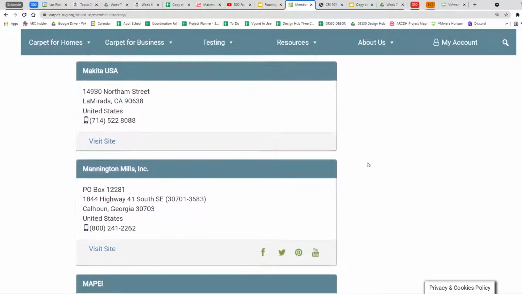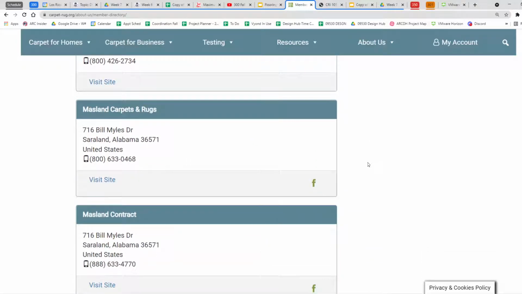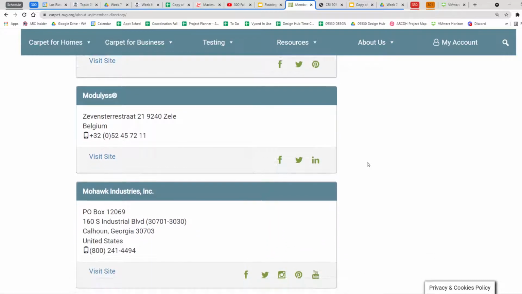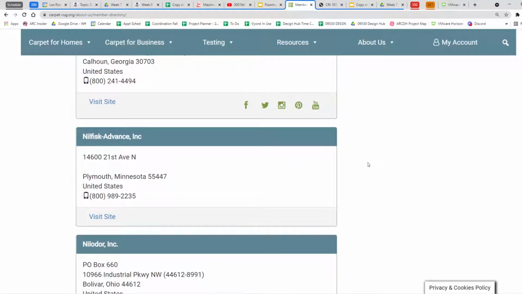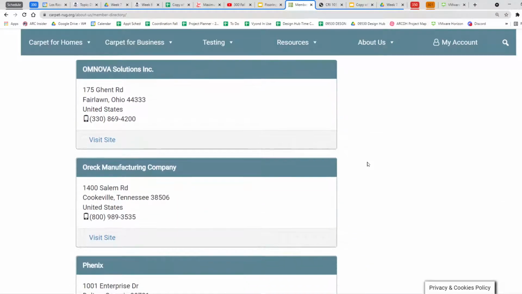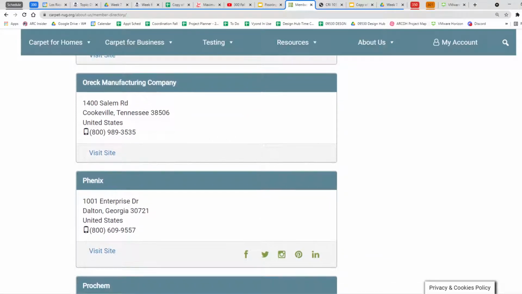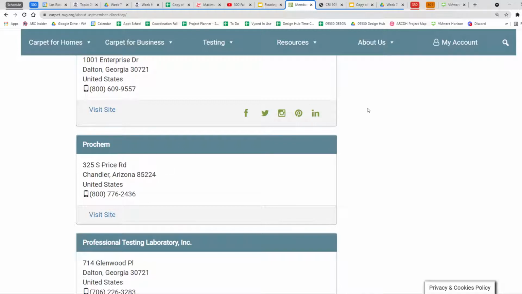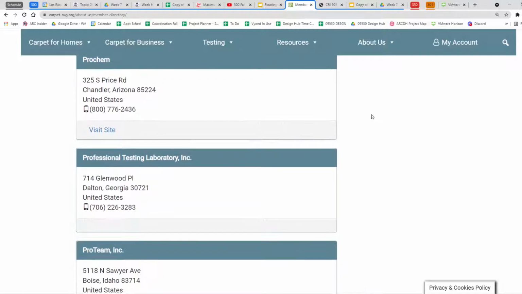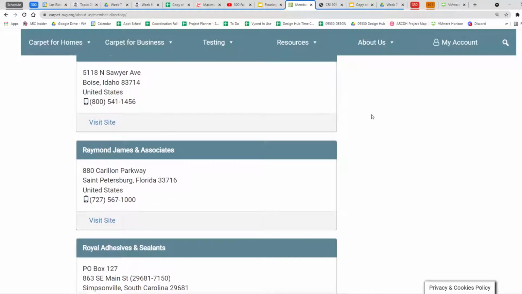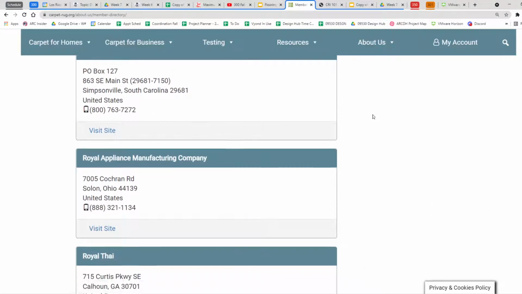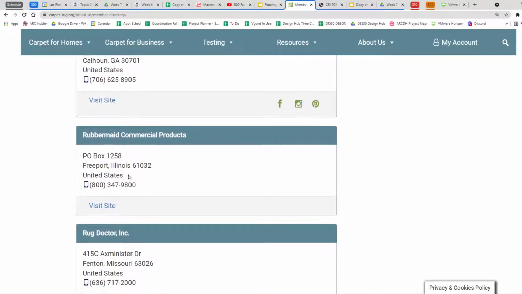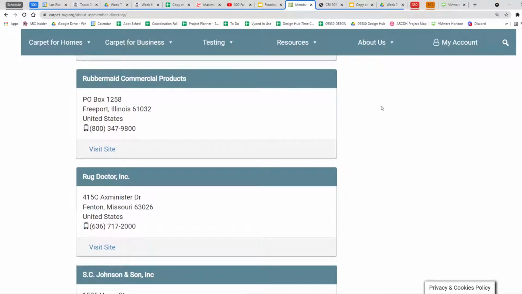You can look at this and you go, okay, it doesn't look like there's just one group that's kind of running the whole show. It's like there's lots of people. Oric, they're a big one. Prochem, they're a big one. Don't know who they are. Rubbermaid, they're a huge one, right?